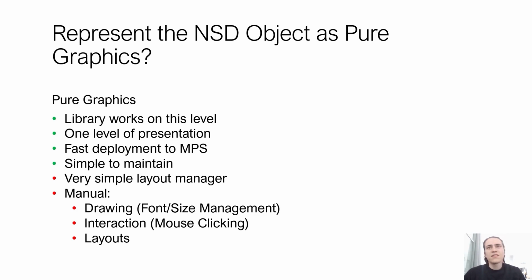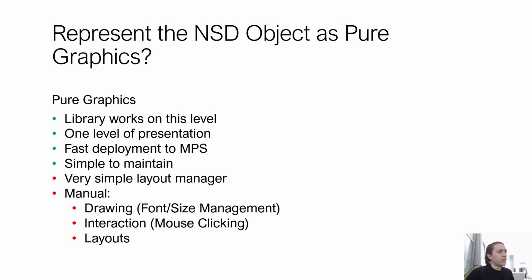The minuses of these are that it has a very simple layout manager, and I have to do everything manually. By everything, I mean these three things: drawing, everything by hand, and everything with a renderer from the Stone Age. Font and size management, I have to do manually and probably with a lot of checks, and you will see why a bit later.